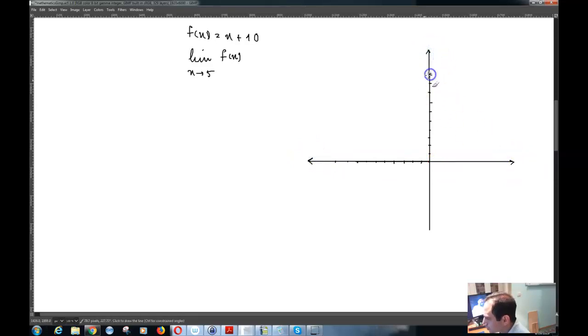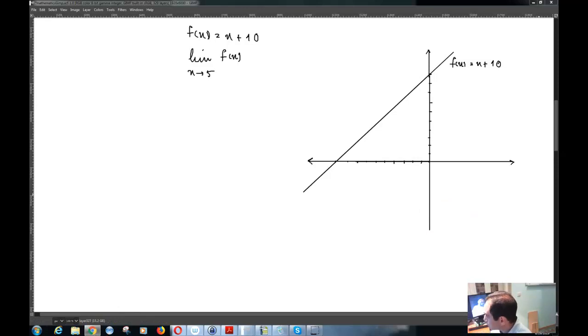And then your function goes through these 2 points. So this is the graph of the function f of x is equal to x plus 10. Just to make sure that I haven't made any mistakes, because sometimes these functions are tricky.